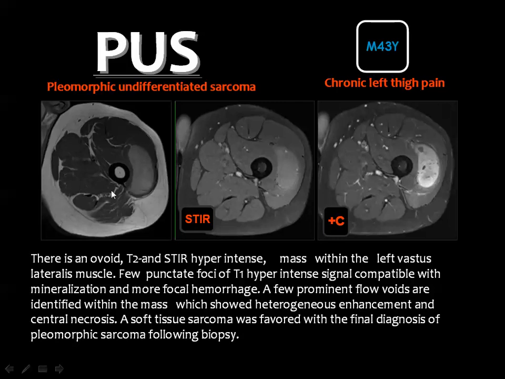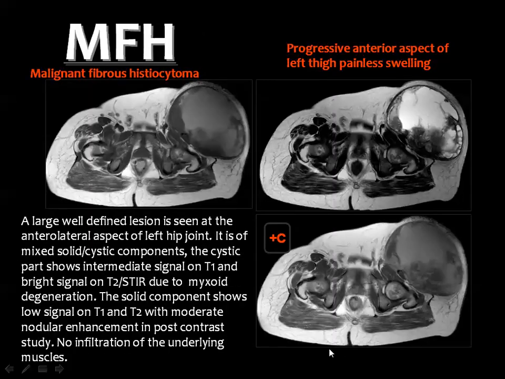Another example, and this is T2, this is STIR, and this is T1, post contrast with fat suppression. And you see a lesion which is located inside the muscle group of the mid lateral aspect of the thigh, and you cannot have enough diagnostic criteria to say that this is a malignant one.